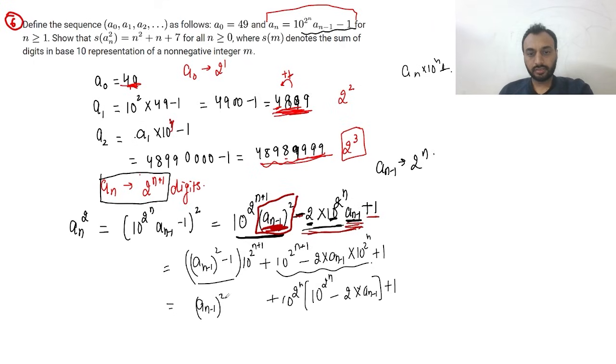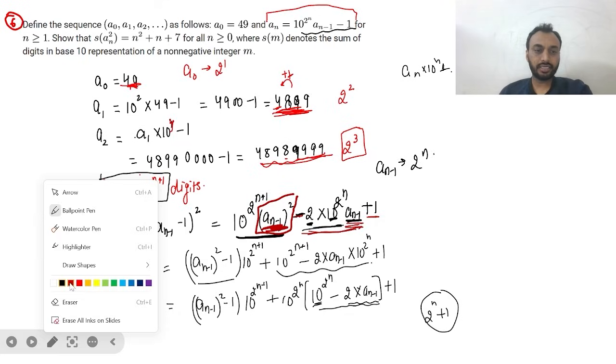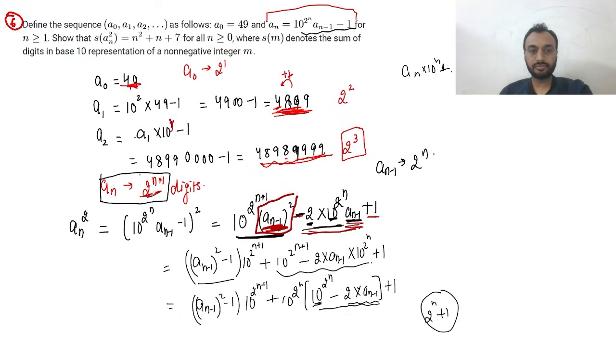So can we say the second term is a positive term? Like this term, how many digit number is it? 10 power 2 power n is a 2 power n plus 1 digit number. And what about 2 times AN minus 1? As we already saw, AN has 2 power n plus 1 digits, and AN minus 1 will have 2 power n digits, right?